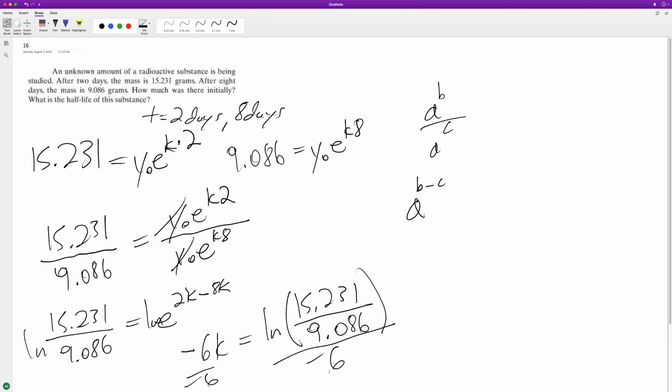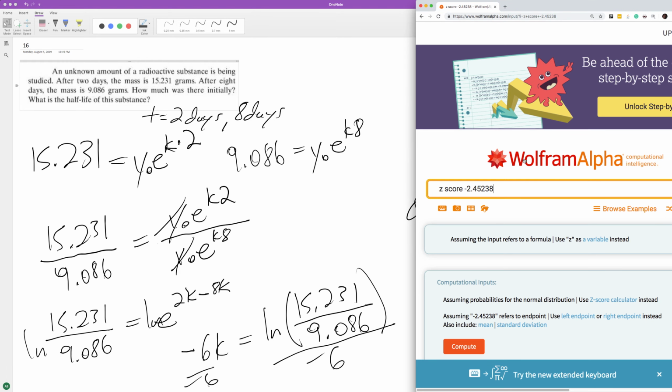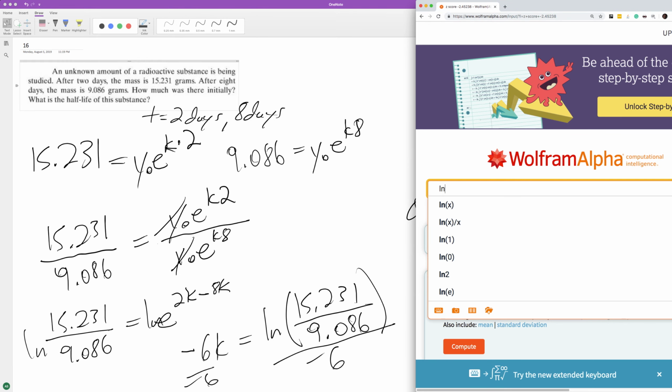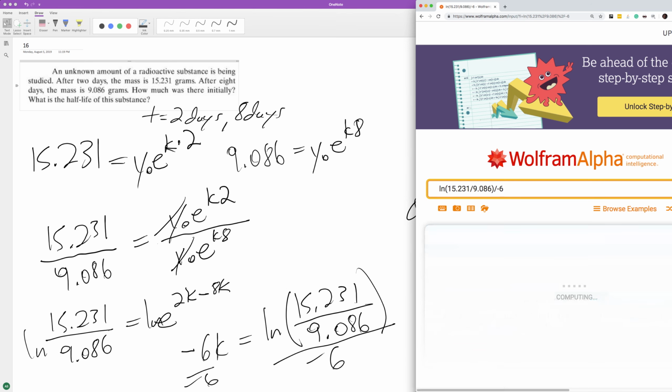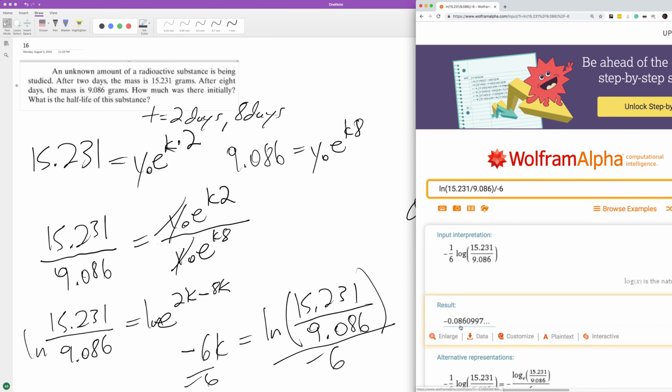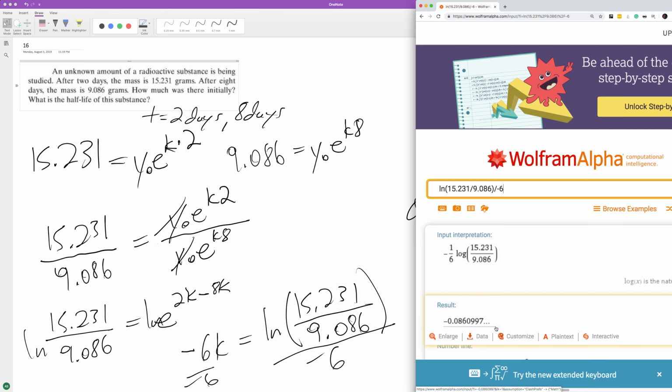Even though I have the answer, I cannot help myself, and I want to calculate this out. So the natural log of 15.231 divided by 9.086, divided by negative 6. What do we get? We get a negative value, negative 0.086097.